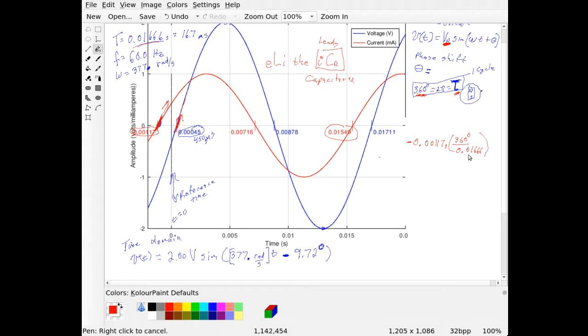Now remember, use your more accurate version, don't use the rounded version. And so I'll punch this in the calculator to see what I get.